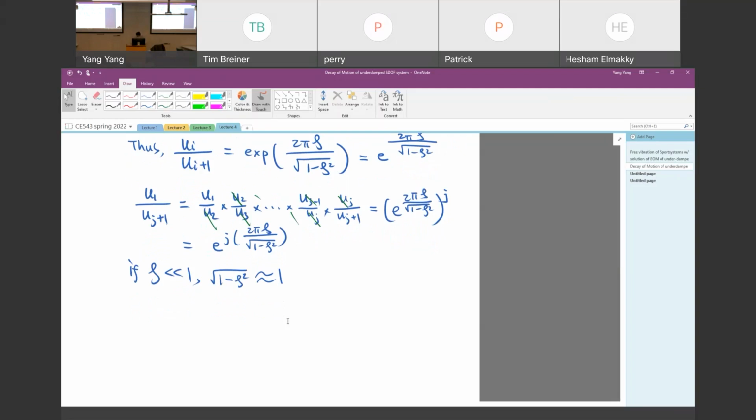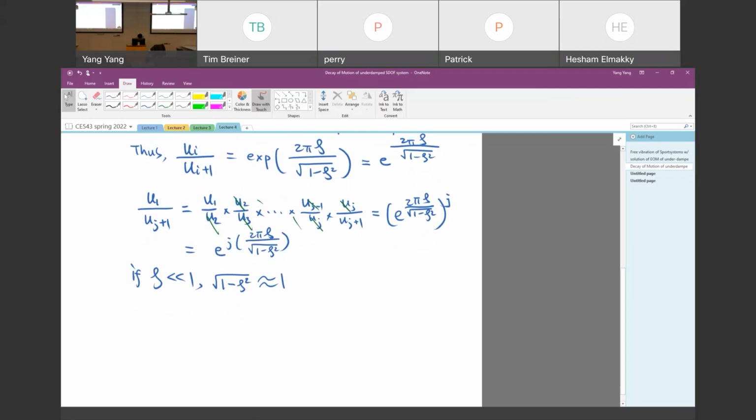Zeta equals 1 is critically damped, but here zeta is way less than 1, so in this case we can neglect the square root term.